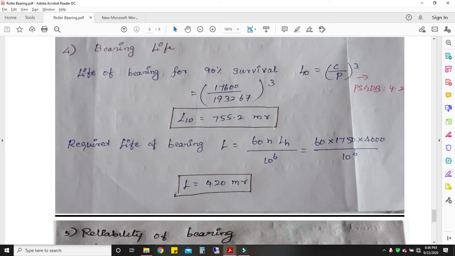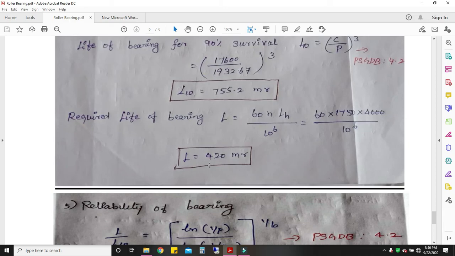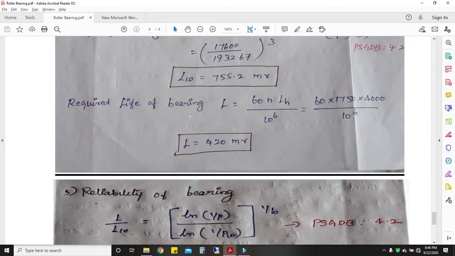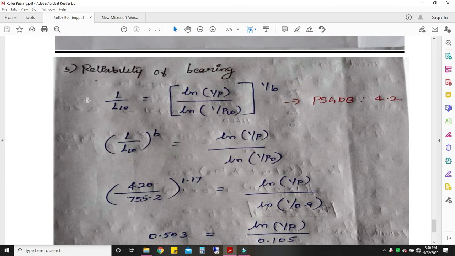The hour is converted into minutes, that is why we multiply with 60, and we divide the entire term by 10 power 6, that is million. We get the value in terms of million revolutions, that is 420 million revolutions. L is the required life of the bearing, and L10 is the life of the bearing for 90% survival. And then we have to find the reliability of the bearing.